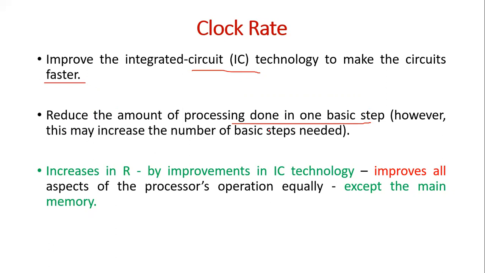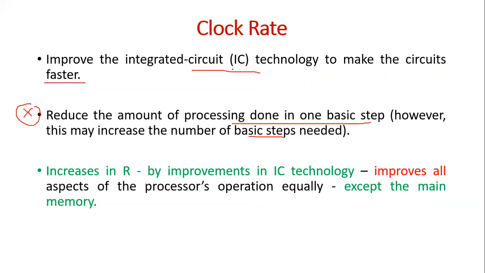But if you reduce the amount of processing done in the basic step, then the number of basic steps may increase. Okay. So this second option is not a correct option. Then we can say that the only way to improve the clock rate is by improving the IC technology.